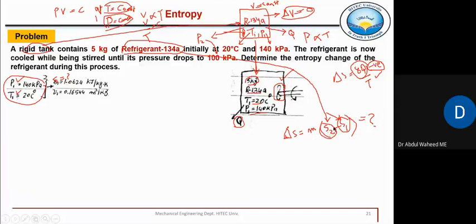So that is S1. Now we have calculated S1. Now we need to calculate S2. So for S2, we have to see what the final state is. At the final state, what is given? Pressure is given, P2, 100 kilopascal, right? And what else is given for state 2?